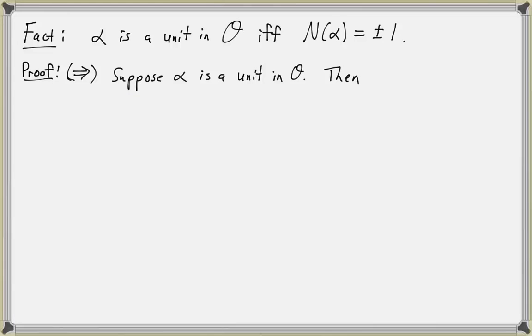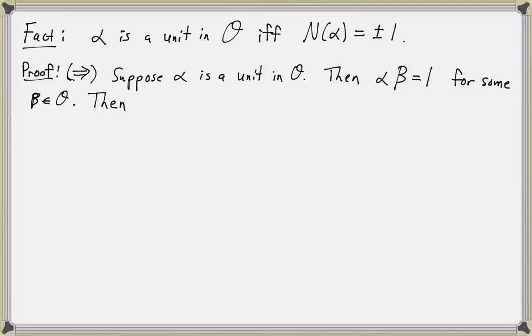Then alpha has a multiplicative inverse, and we can say that alpha beta equals 1 for some element beta in O. Then we're going to use the multiplicative property of the norm.